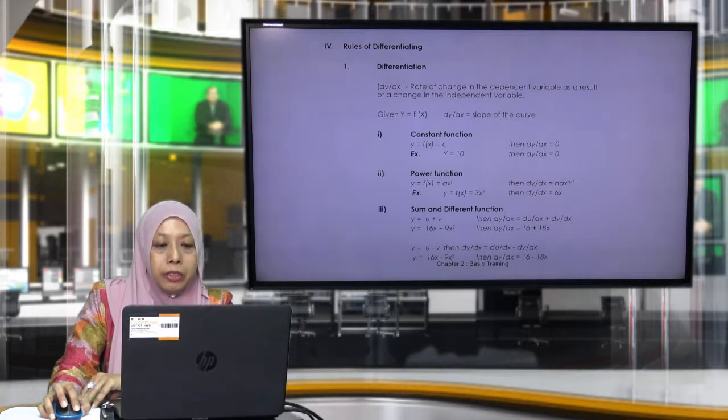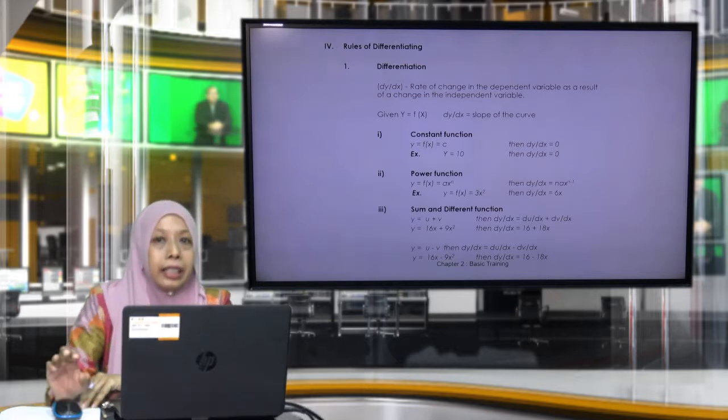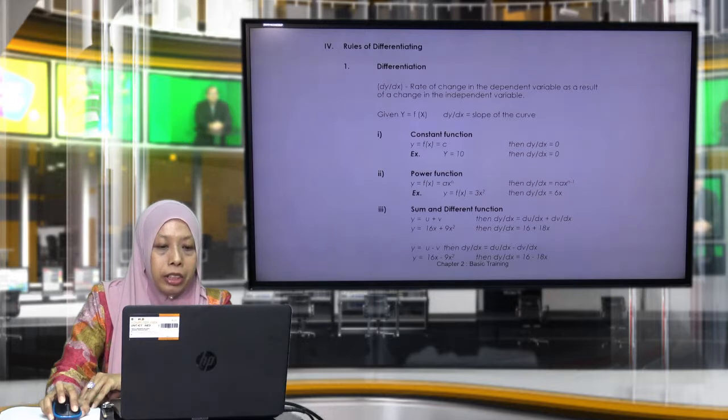To differentiate a power function, there are 3 steps involved. First of all, you need to bring down your exponent, n. The second step, you need to write down the original function, which is ax^n. And the last step, you need to reduce the exponent by 1 unit.